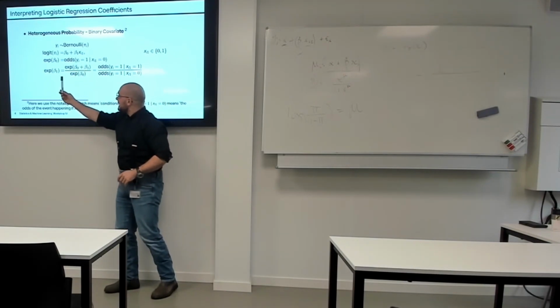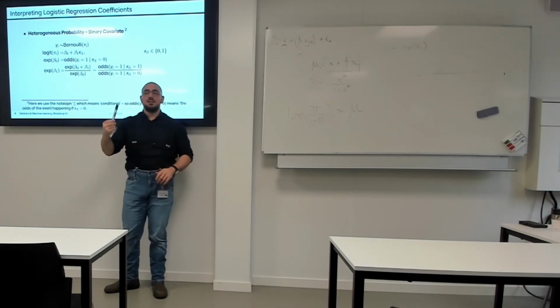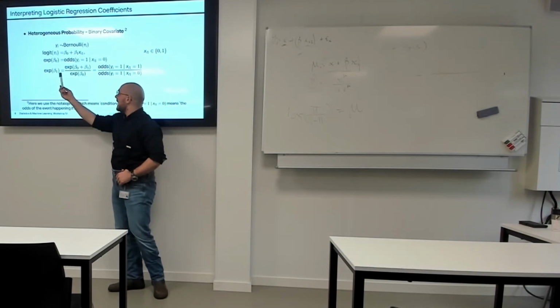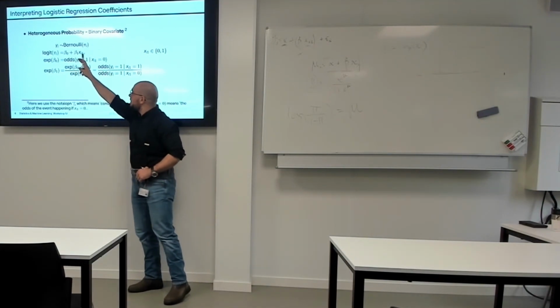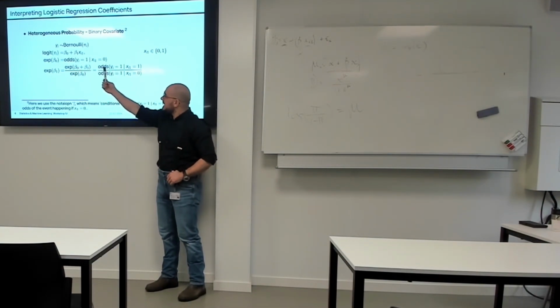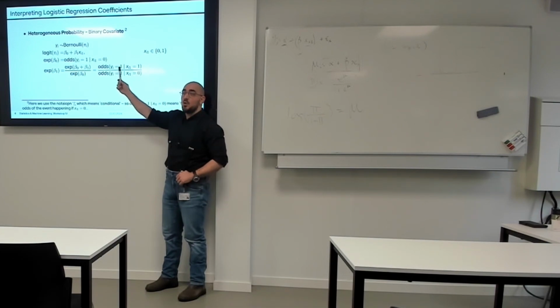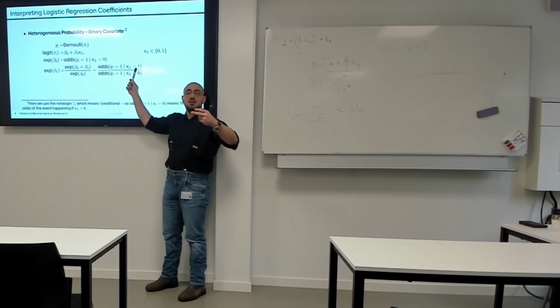Okay. And then I want to be able to interpret the coefficient on the binary covariate. The coefficient on the binary covariate can be interpreted as the odds of the event happening when the binary covariate is turned on. Let's do an example.